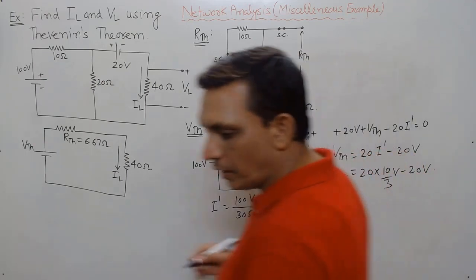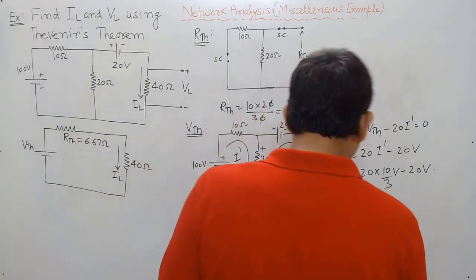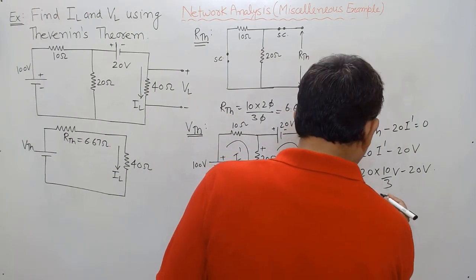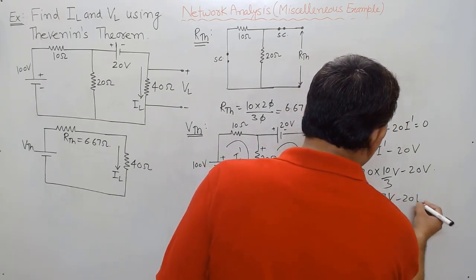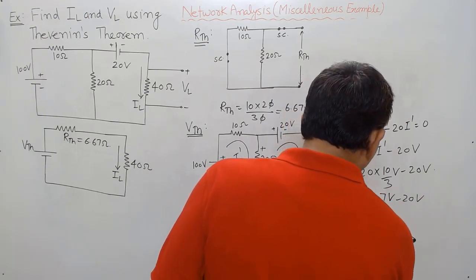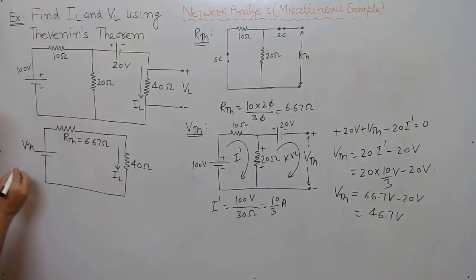So calculate this value. I think this will be 66.7 volt and minus 20 volt. So VTH is 46.7 volt.